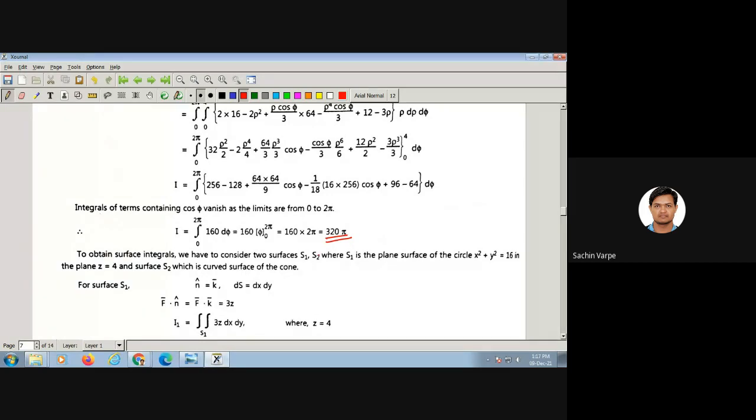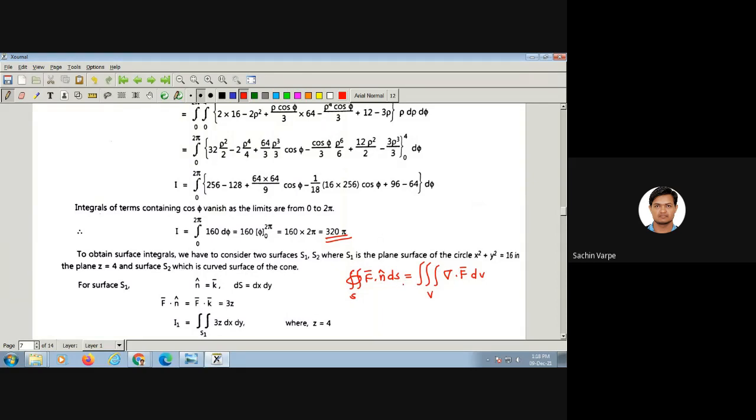And similarly, to calculate the left hand side, the divergence theorem says the double integration of f bar dot n cap dS over the closed surface S is the same as the volume integral of the divergence of f bar over the volume V. Right? So we have calculated this right hand side.